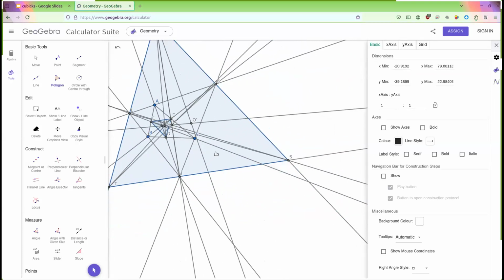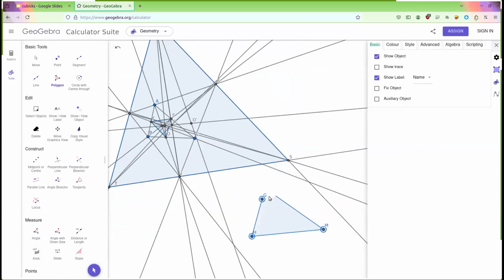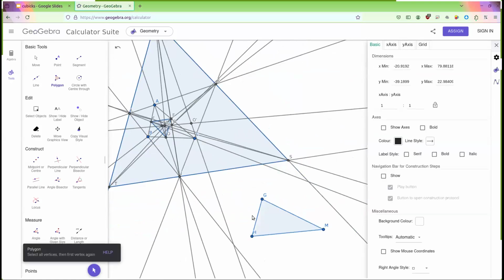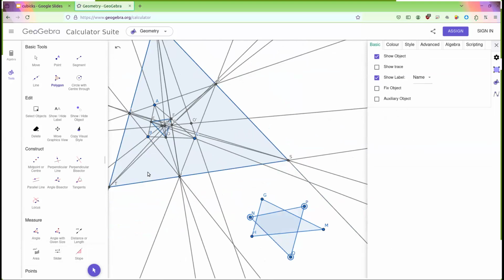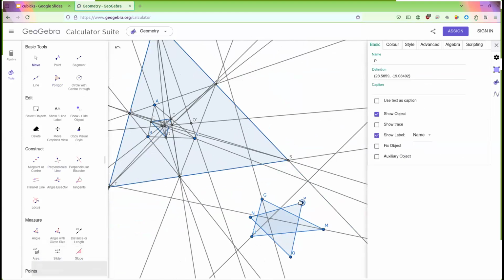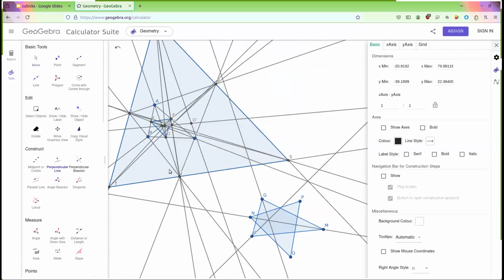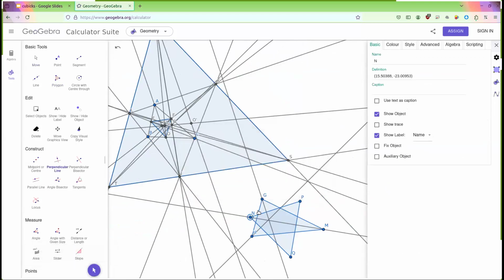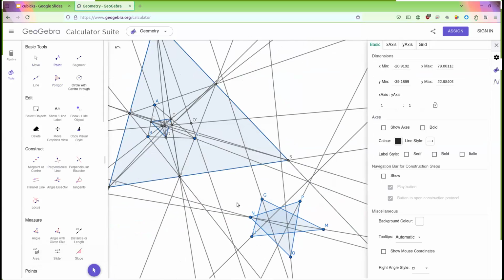And the thing about orthologic triangles is that we call two triangles orthologic if these perpendiculars intersect at one point. And if this holds, then the other perpendiculars of this also intersect at one point.